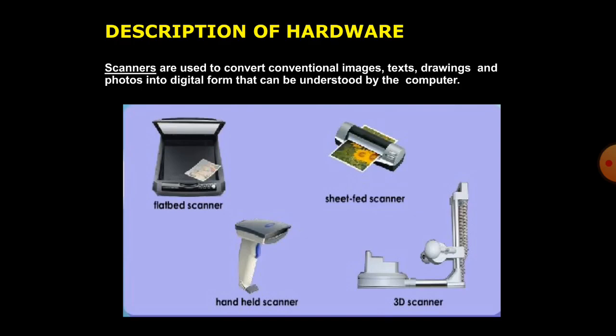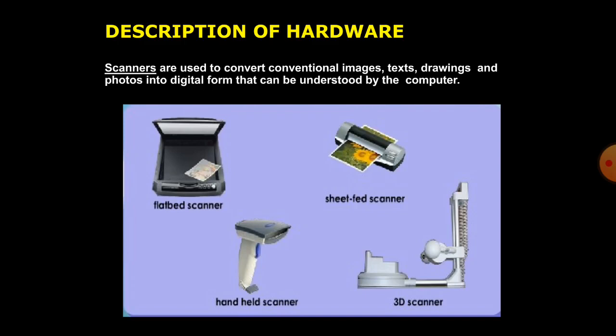So what is the description of this particular hardware? Coming to scanners, they are used to convert conventional images, texts, drawings and photos into digital form that can be understood by the computer. So we are having the sheet-fed scanners, handheld scanners, 3D scanners, flatbed scanners.